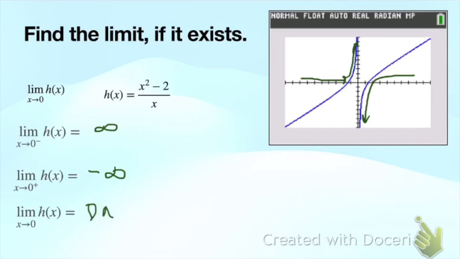This is a does not exist because they're going in two different directions. If they were both going down or both going up, we could say there's a behavior there. We would say it's a limit and what that is, but they're going in different directions, so there is no limit there. If you didn't recall, there is a vertical asymptote at 0. That's why it's doing what it's doing on the graph.